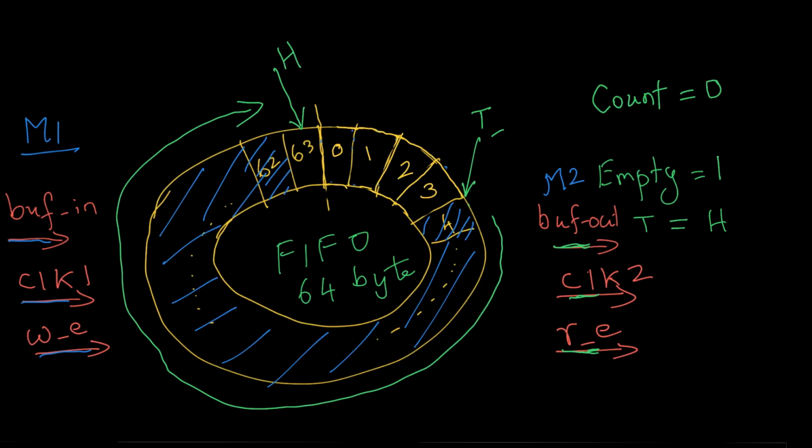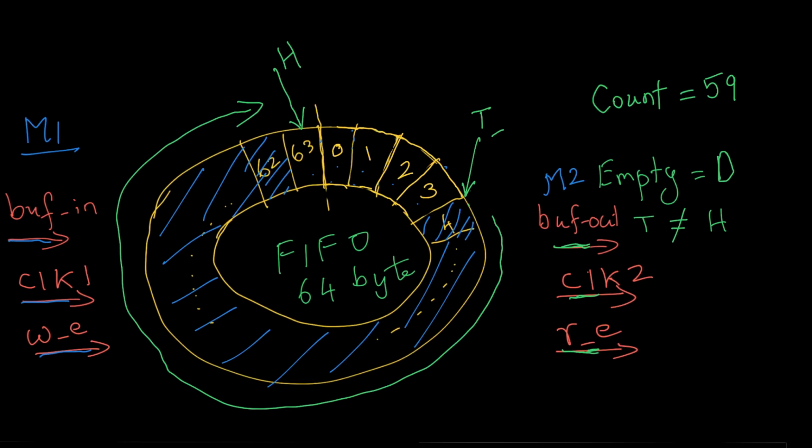So your count should be 64 minus 1, 2, 3, 4, 5. So that is 59. So you have 5 empty locations in your FIFO, and your total location is 64. So your count should be 59. And your empty flag will no longer be 1, and your tail is no longer equal to head.